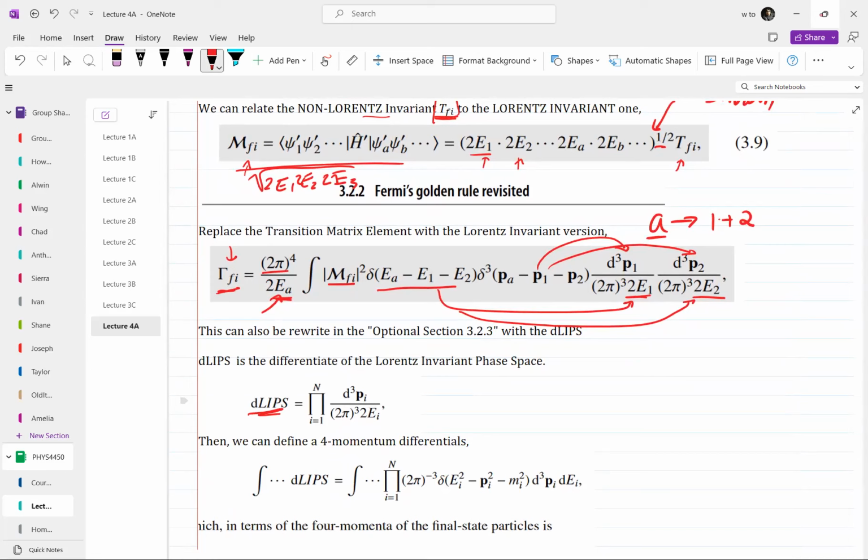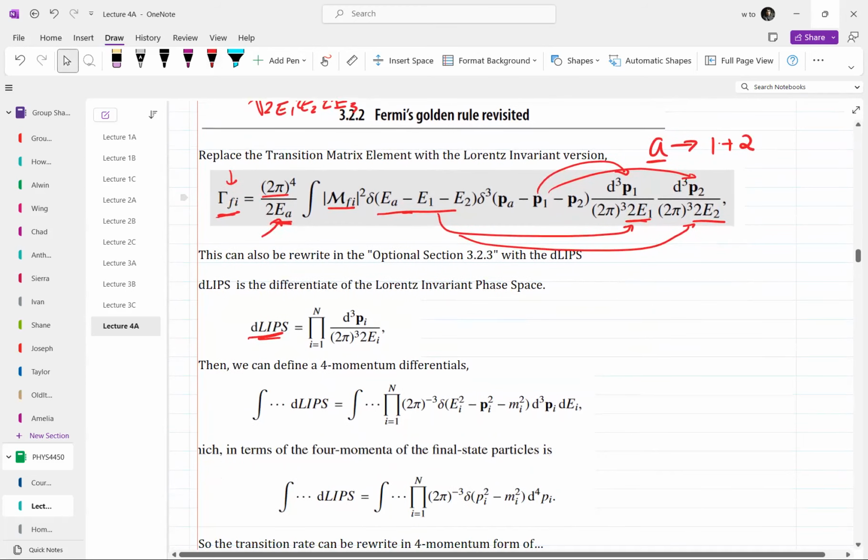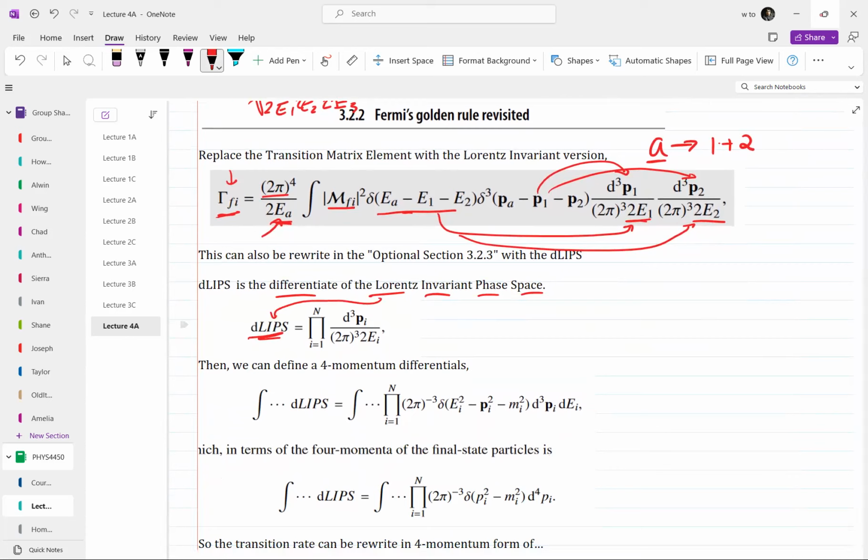This little piece here, you have energy and momentum separate. If you don't like that, you can actually combine them together, because energy and momentum together is just the 4-momentum. And this is actually known as the differential Lorentz invariant phase space, known as D-LIPS. The only reason that I remember this is because it's just a funny name.